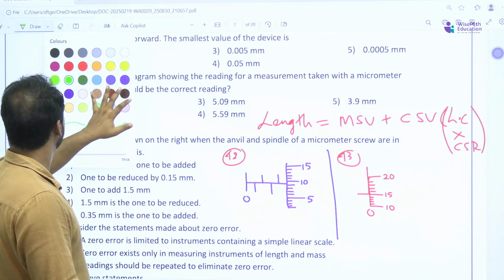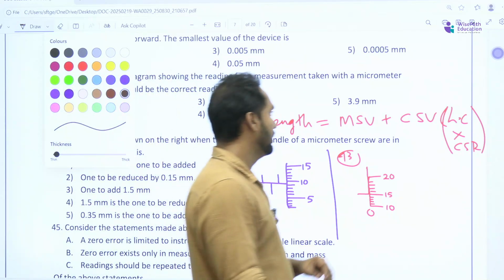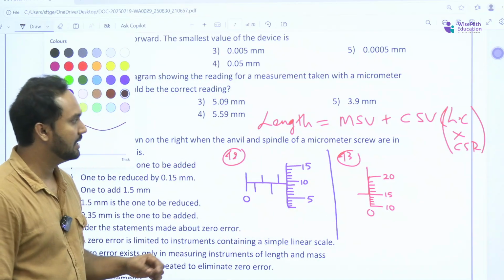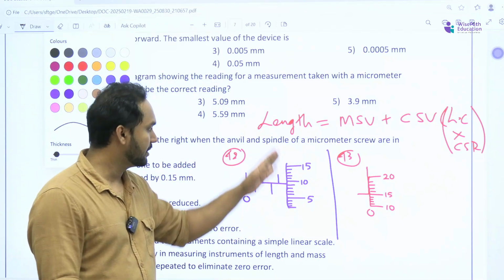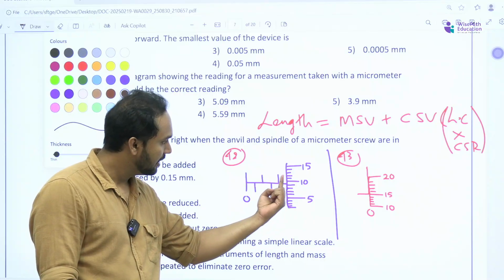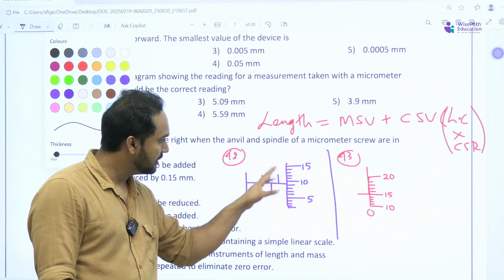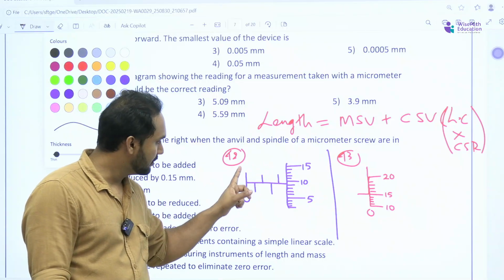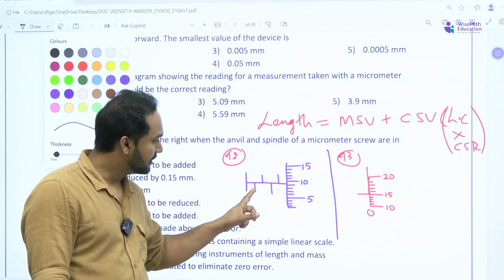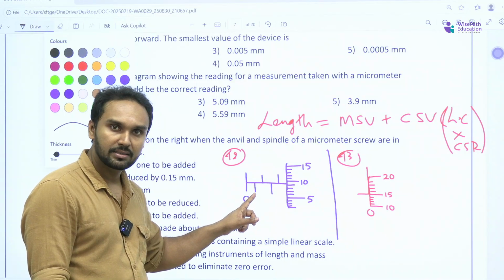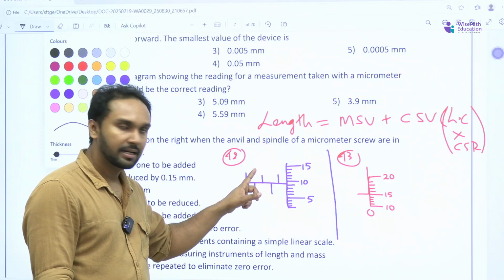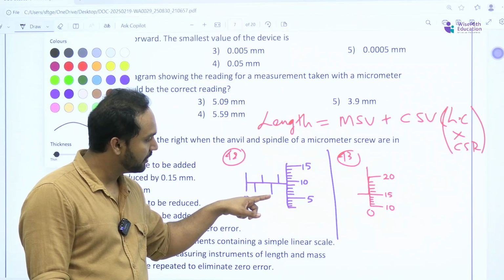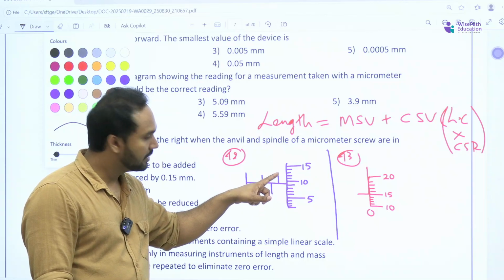A good color, this one, right? So you have to apply the values. How do you apply the values? Now MSV is the main scale value just before the circular scale. Now this is the circular scale, and the value just before the circular scale is these lines, isn't it? So these lines are like this. Now this is the 0, and the first line downwards is 0.5, second line upwards is 1 millimeter, third line downwards is 1.5, and the fourth line is 2.